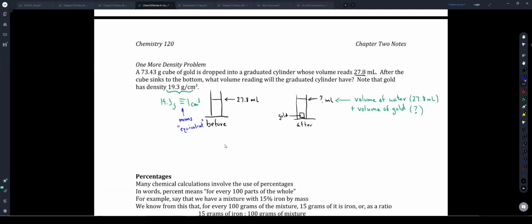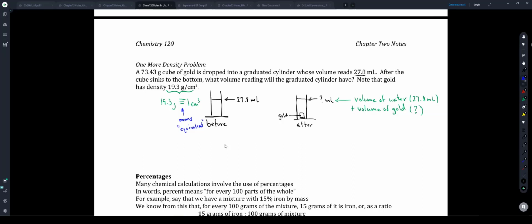Just like in money, a certain amount of money represents a certain amount of goods. A certain amount of money represents a certain amount of gasoline at a particular gas station, right? If you have this much money, you can get this much gasoline. The money and the gasoline aren't equal to each other, but they are equivalent. They can be interchanged for one another.